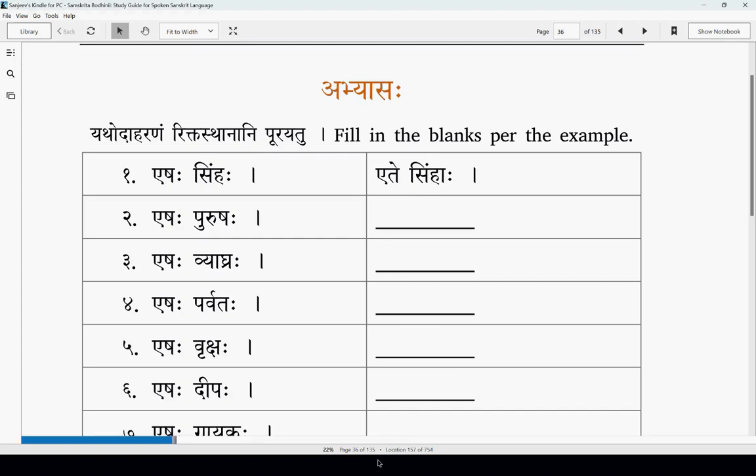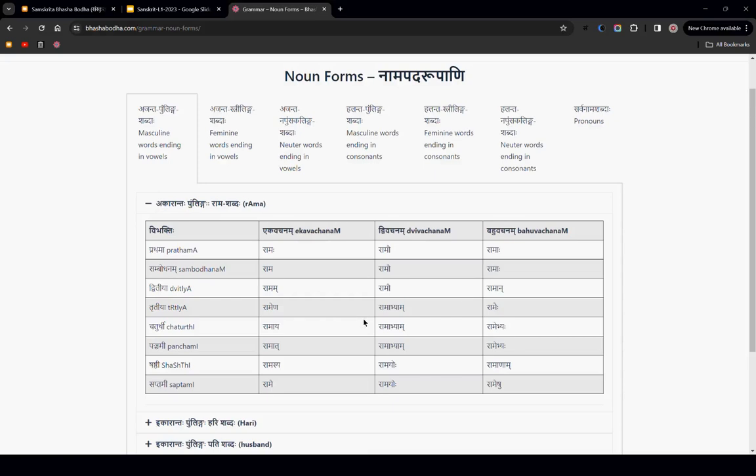If we are using a bahuvachanam word like ramah, then ete will remain the same. Ete ramah means these ramas, multiple ramas. If it is balaka, then the bahuvachana form will be balakah, so ete balakah, these boys.